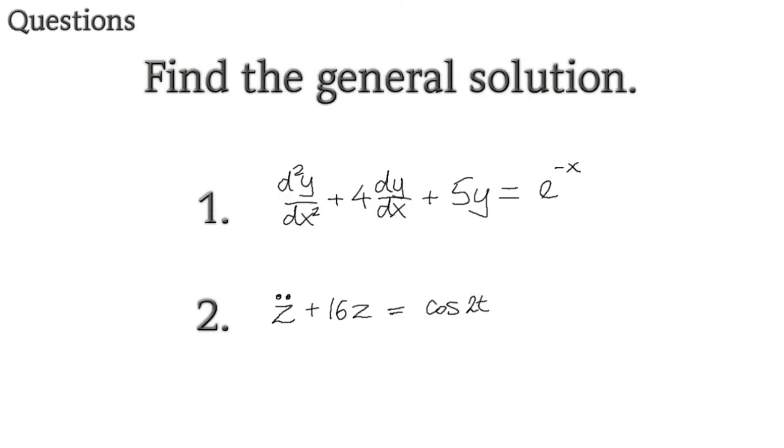Right, so we have come to the question section. I think I have misspoken earlier. What I mean is that the left part of your solution is actually called the complementary function, not the general solution, which is very bad of me.